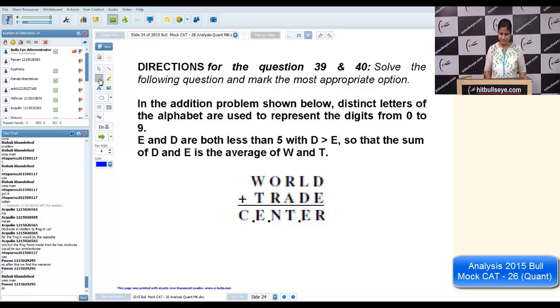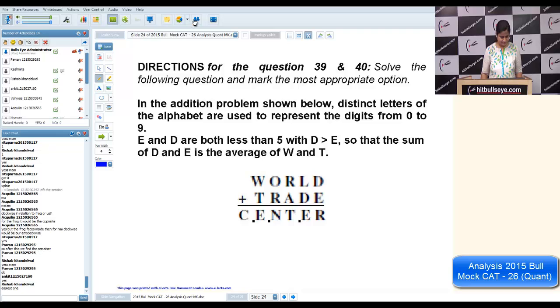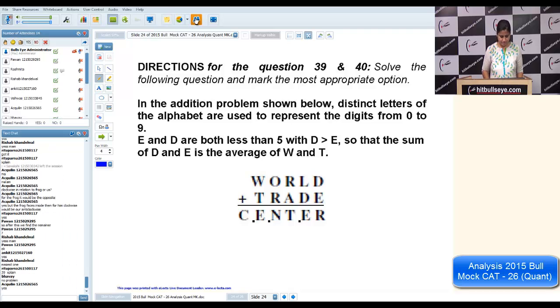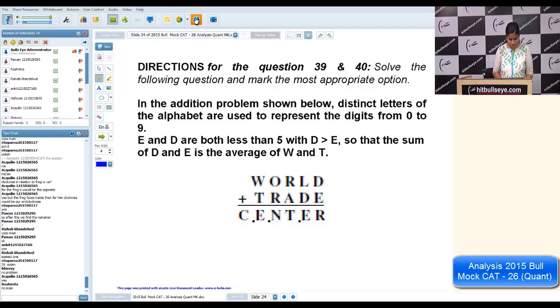Easy question it was. Any problem in this? Medium level. 39. Rituparna, actually I have not solved this question completely. Just wait.